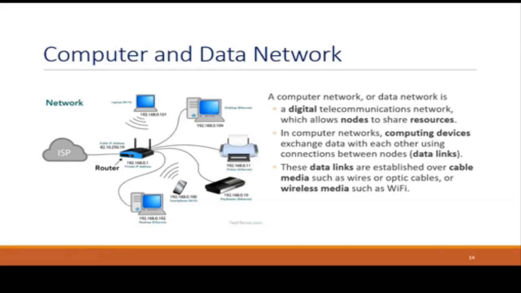All these things connect together and create this data network in order to do the communication, right? So this is a very clear image and idea of the computer network or data network.